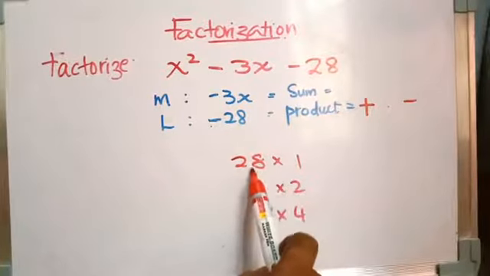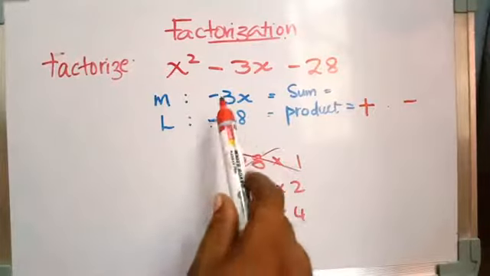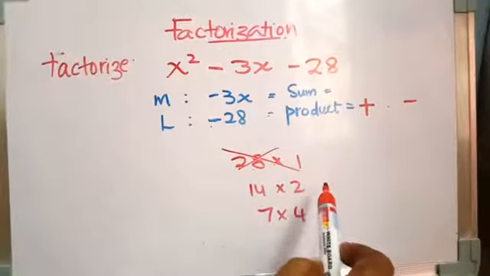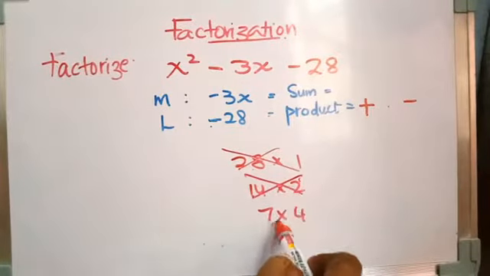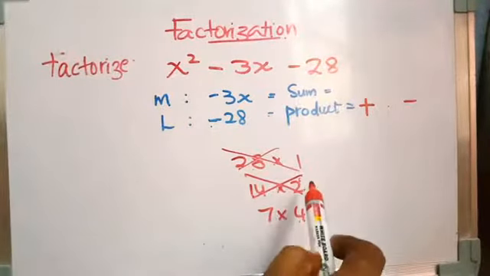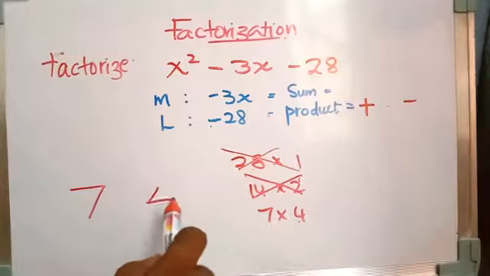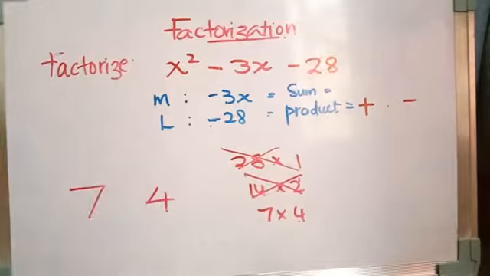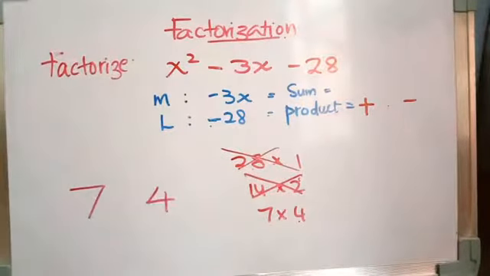If we subtract 28 and 1, we get 27. We want 3. If we subtract 14 and 2, we get 12. But if we subtract 7 and 4, we get 3. That means our numbers are 7 and 4, because 7 into 4 is 28 and 7 minus 4 is 3.